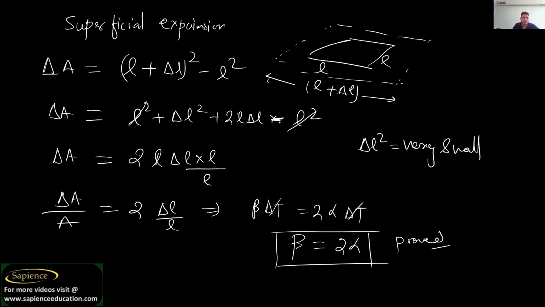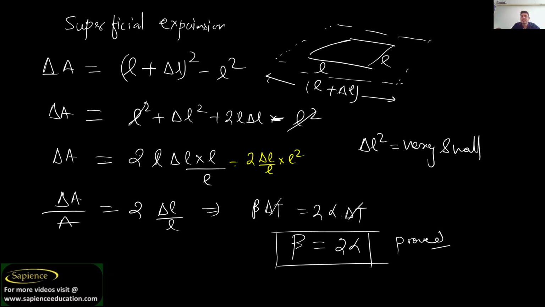Let me explain it in a bit more proper way. It is your 2L into delta L, multiplied by L and divided by L. So finally you will get 2 into change in length by L into L square.